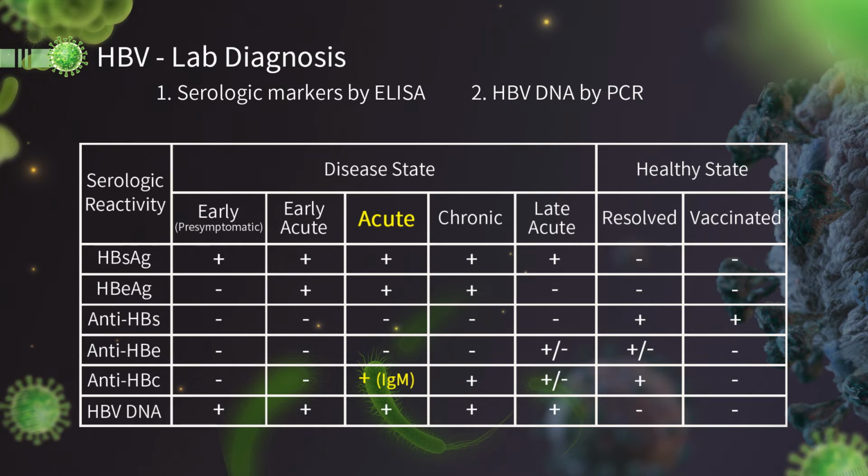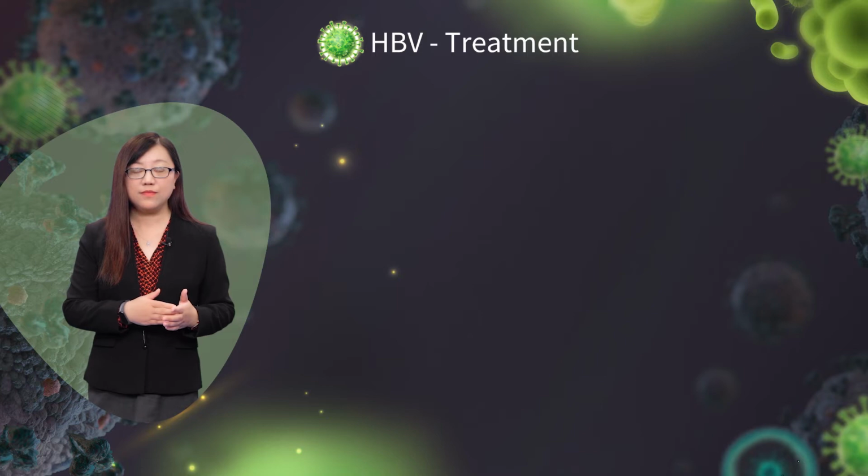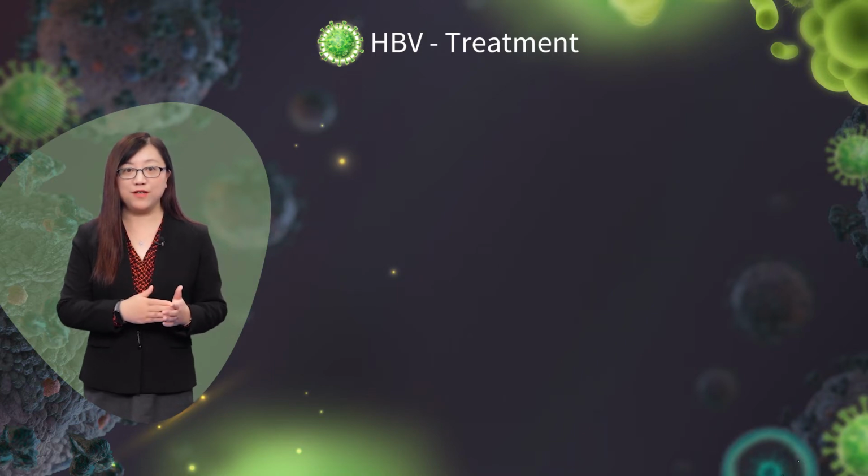During the initial phase of infection, patients are also seropositive for HBe antigen, which is usually a marker of high viral replication. Chronic infection is characterized by the persistence of HBs antigen for at least 6 months with or without concurrent HBe antigen.